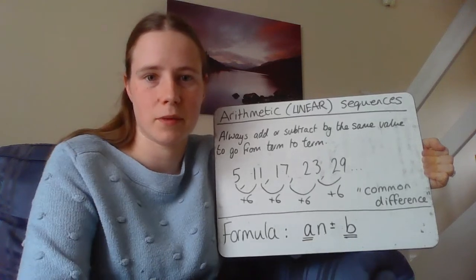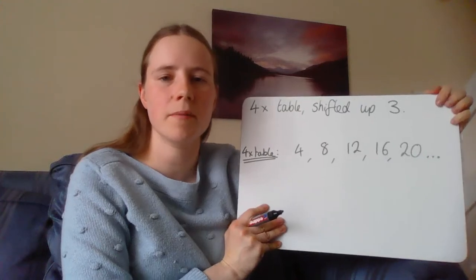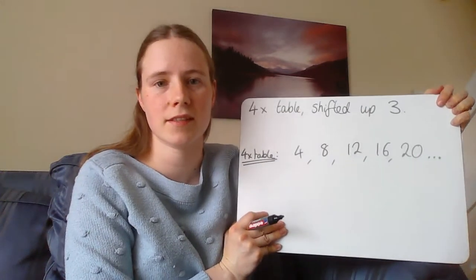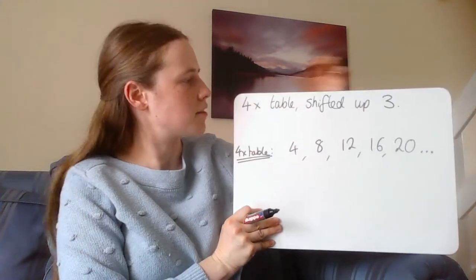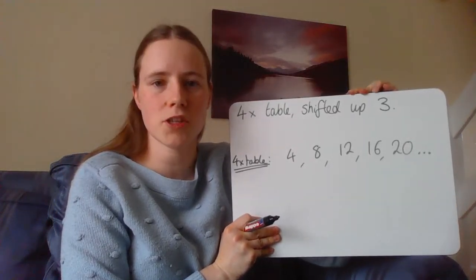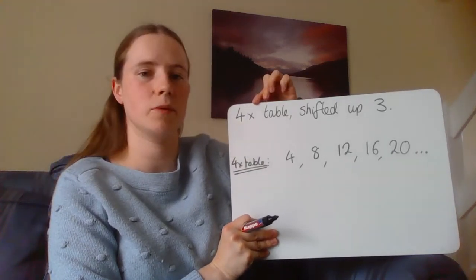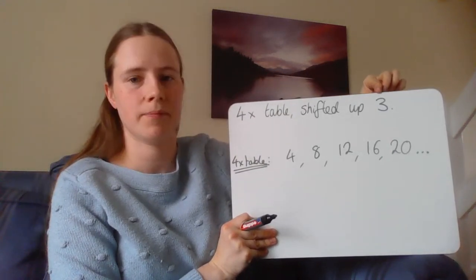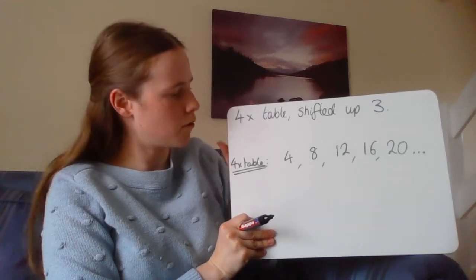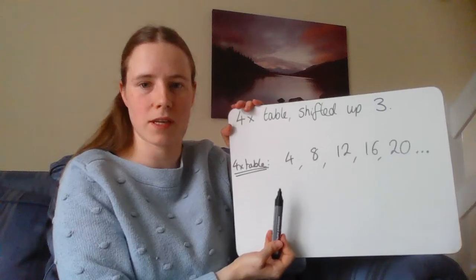Okay, so to help us think about the formulas, I'm going to encourage us to think about a linear sequence or an arithmetic sequence as a certain times table that's had a shift happen to it. So first of all, let's generate the sequence, which I'm going to describe as the 4 times table shifted up 3. So to help us start off, I have written the 4 times table out, the first 5 numbers in the 4 times table.